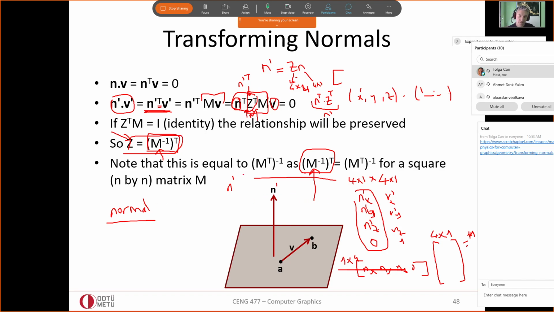So OpenGL actually has a separate matrix that is used for this. All right. And also, instead of having the last component a 0 in the vectors, I think the transformation matrix you can use is just a 3x3 matrix for that. But I just don't want to confuse you. I think it's still a 4x4 matrix. I may be wrong in that regard.